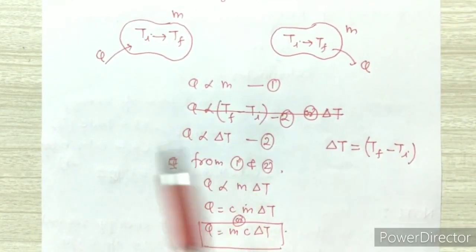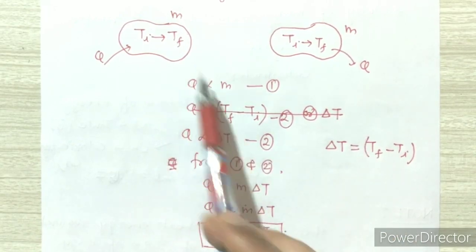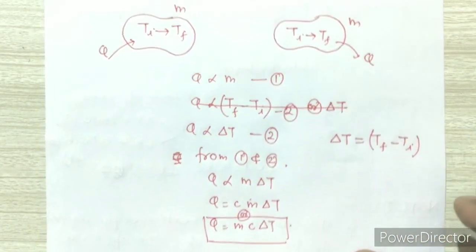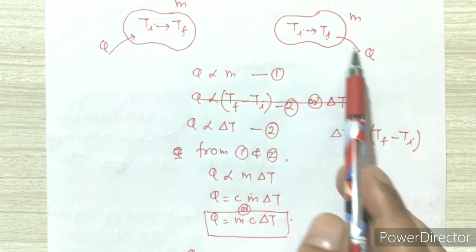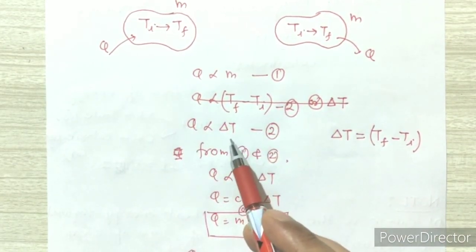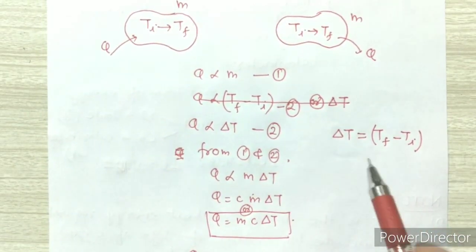So the amount of heat given or taken is proportional to the mass of the body. And second, the amount of heat given or taken is proportional to delta T. Delta T means final temperature minus initial temperature.